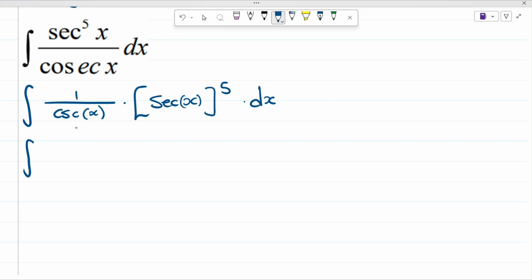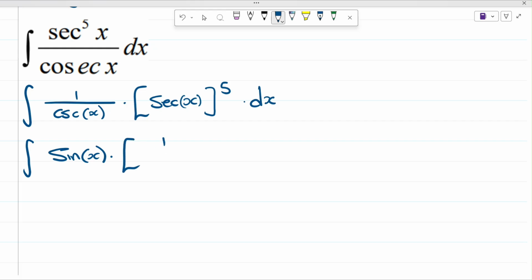So 1 over cosec, what is it equivalent to? 1 over cosec is equivalent to sine, right? So this is going to be just sine of x multiplied by, so sec itself is equivalent to what? To 1 over cos.